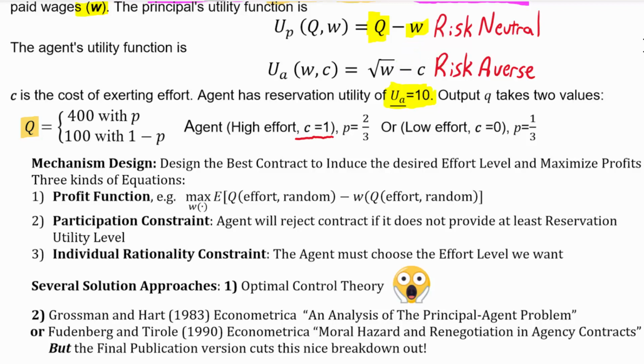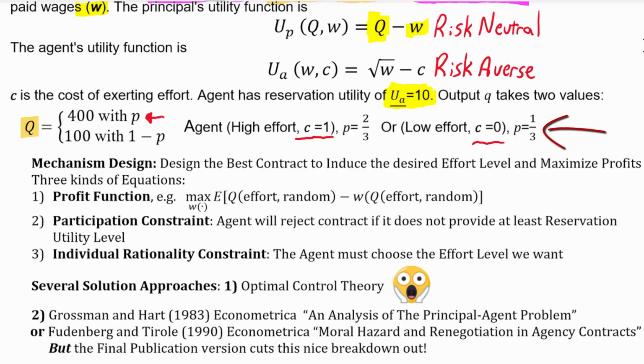Then the probability that we get the high output is 2/3, and the high output is going to be 400 units of gold. If the agent provides low effort, it's not going to cost the agent anything in their utility function from that C parameter.